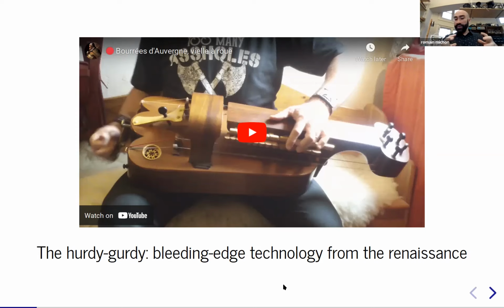Even though it evolved between the 12th century and probably the 18th century, where it sort of stabilized, it actually didn't change much. The hurdy-gurdy that people are playing today is very similar to the one people were playing in the 12th century.